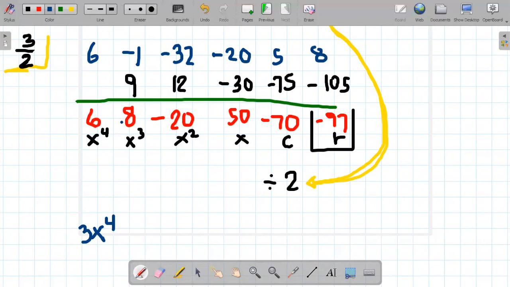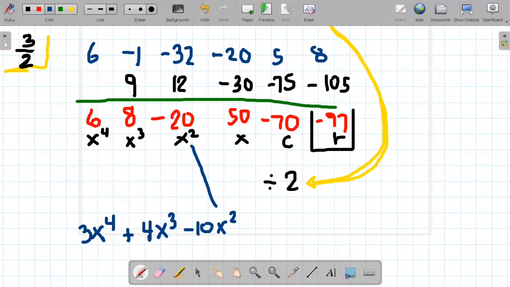Next, 8 divided by 2 is positive 4. So we write positive 4 and attach x cubed. So, positive 4 x cubed. Then, negative 20 divided by 2, the answer is negative 10. Negative 10, and then the same with x squared.